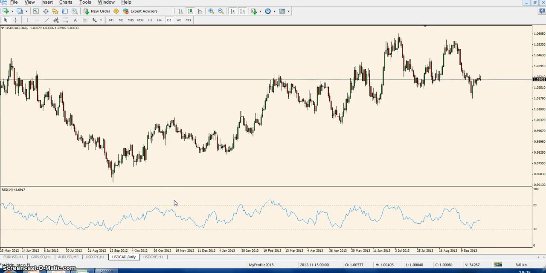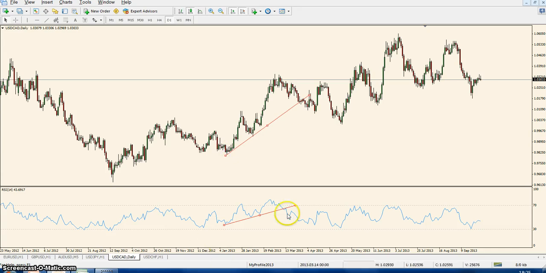Now for the next trade, let's look at this, which aligns with this trend here.